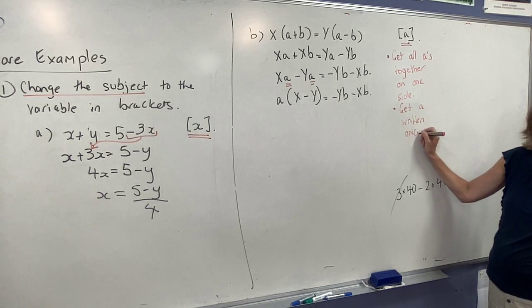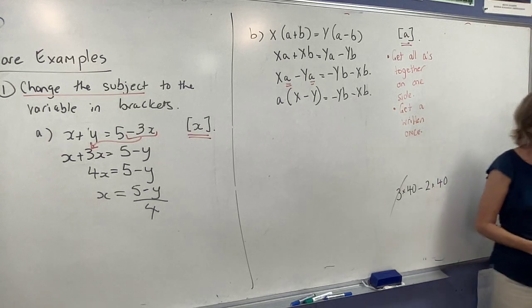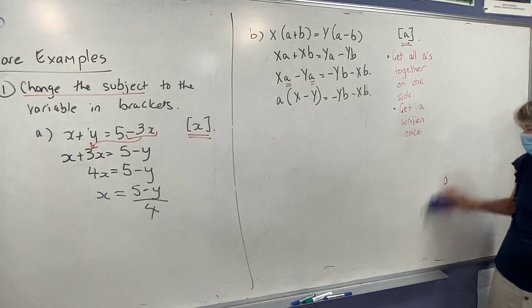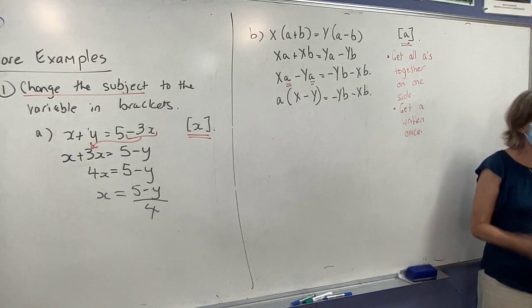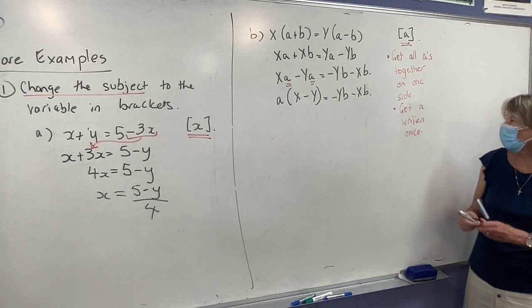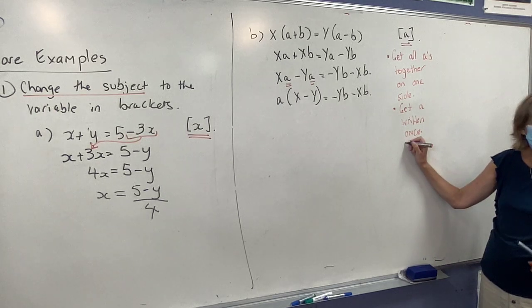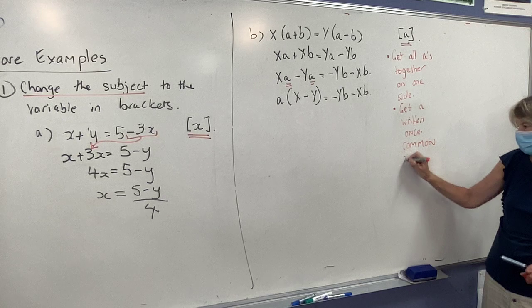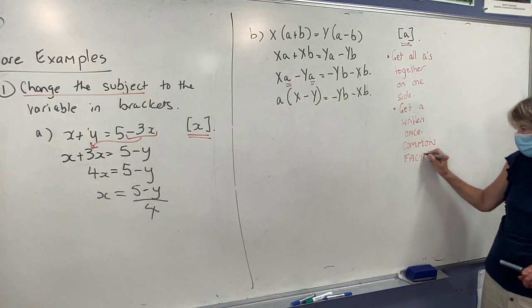Because how are you going to isolate it to be written as a subject with A equals if you haven't got it down to just written down once? You can't, okay? So the only way that's going to happen is you think about a common factor. And that actually gets it written down once.